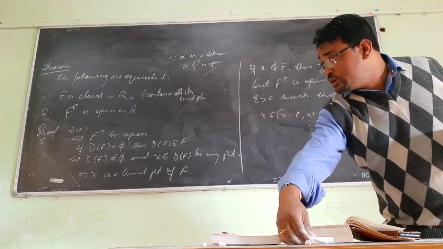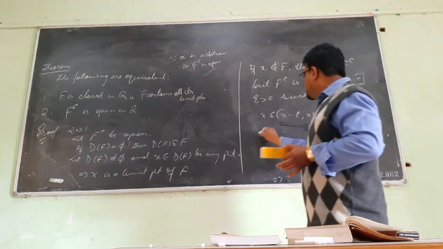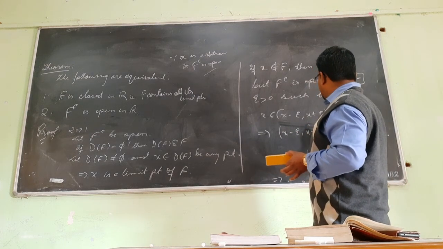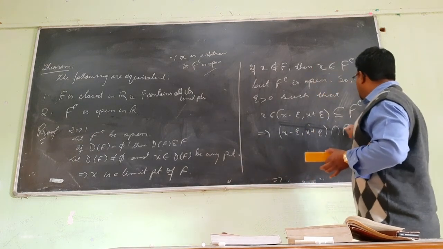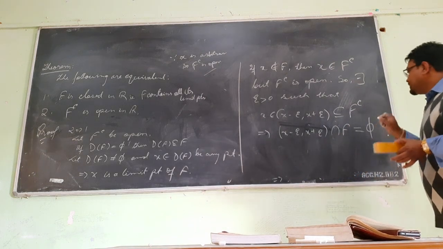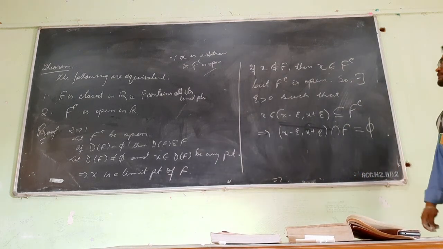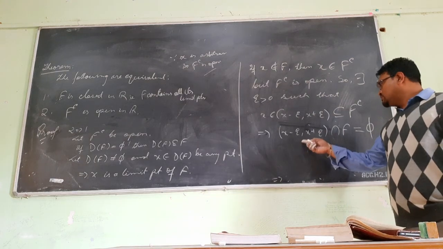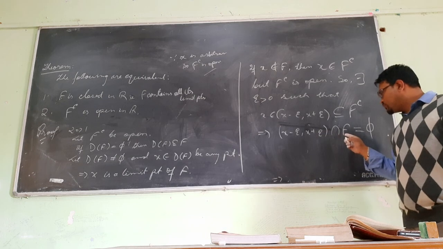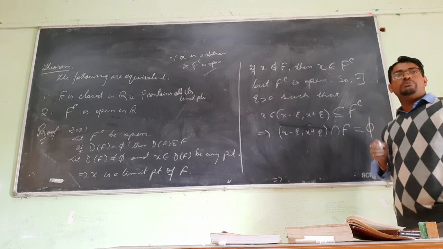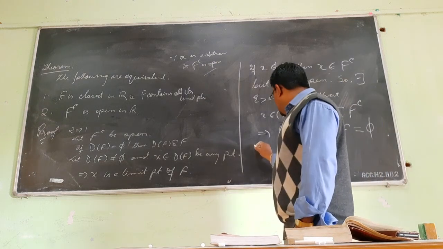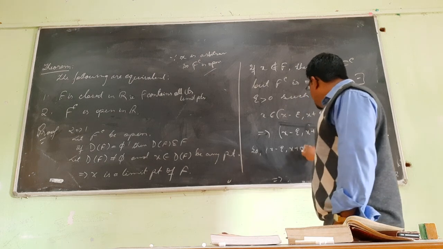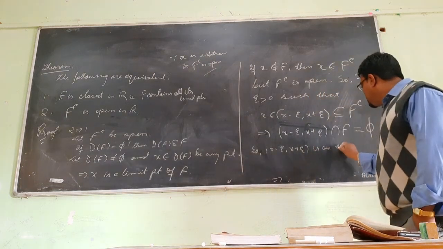Then we will go in reverse, just like the previous one. Since this is a subset of F complement, this means that (X minus epsilon, X plus epsilon) intersection with F is phi. Okay. Right. So this is an epsilon neighborhood of X which contains no point of capital F. That means X cannot be a limit point.